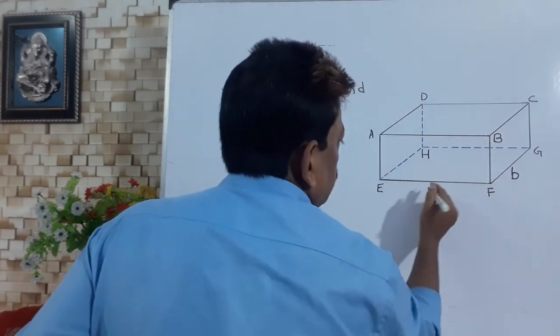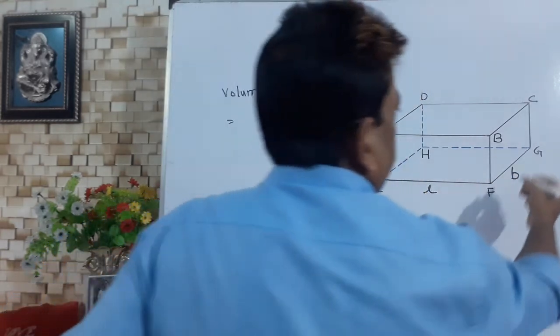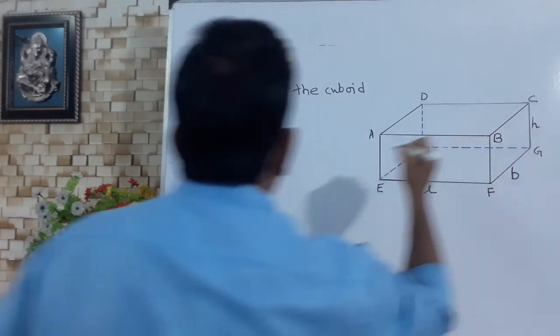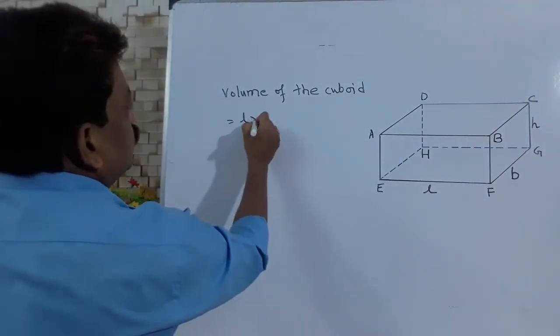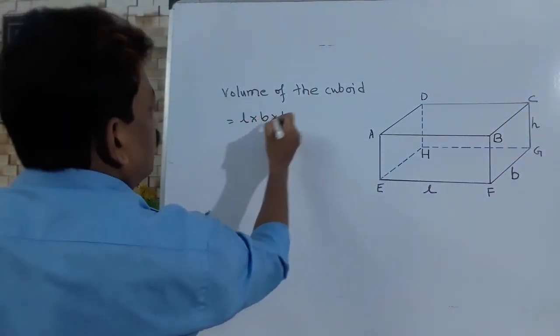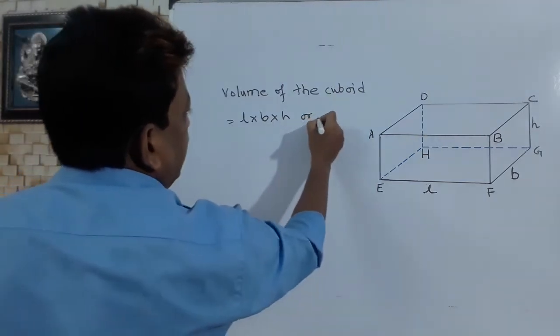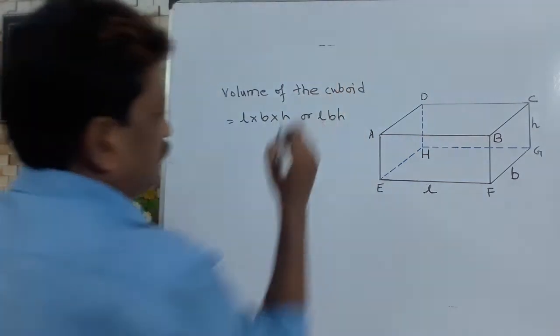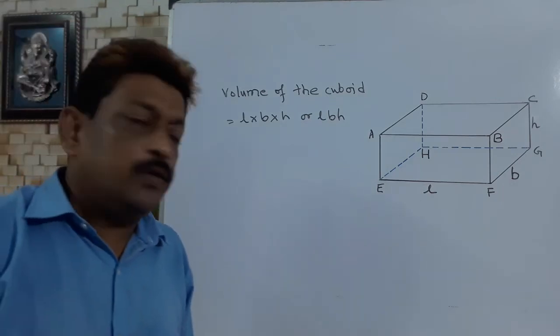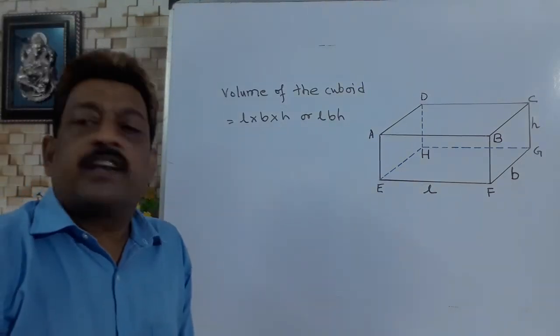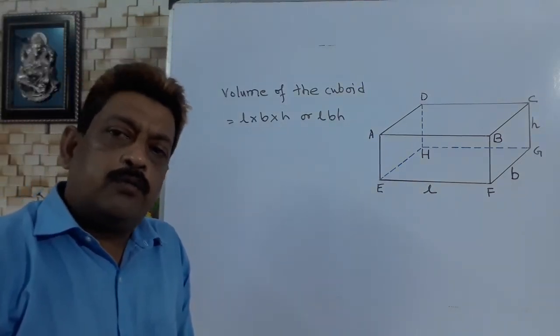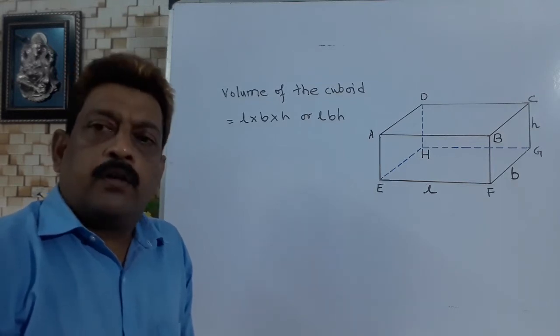Suppose length is small l, breadth is small b and height is small h. So the volume will be l into b into h, or it is also known as lbh. Okay, understood? So in this way we can calculate the volume of the cuboid.